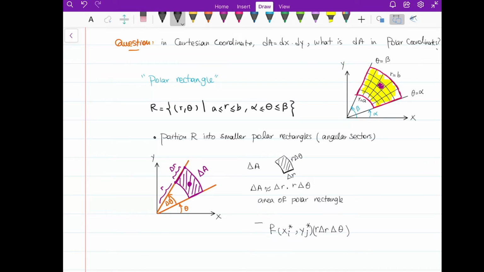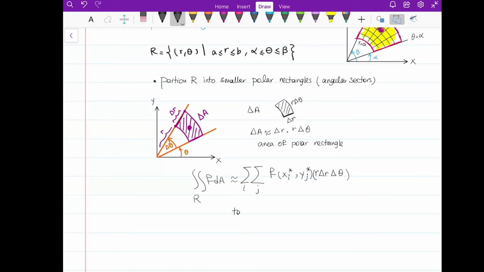And then I'm gonna add them up for all i and j's. So I have basically two sums. I can write it as just one sum or two sums, and then I'm gonna say that the double integral of f dA over the region R is approximately this sum in here, the height times the area of the base for each one of them. It gives me the volume, and the double integral would be the limit of that, but approximately is this.